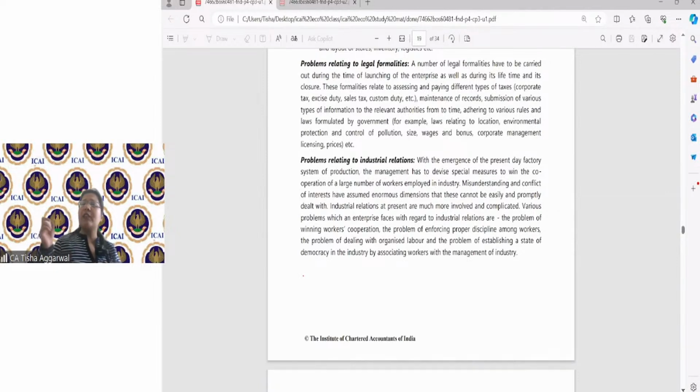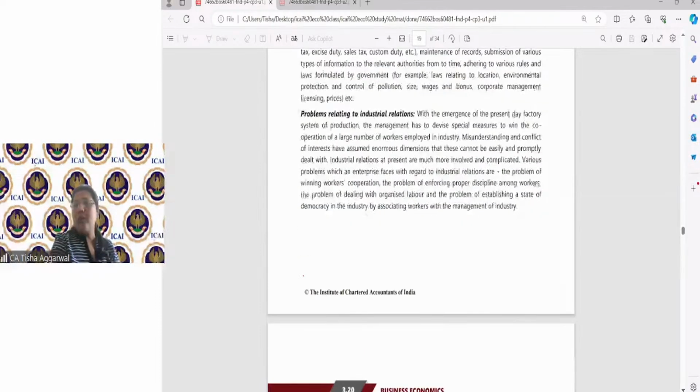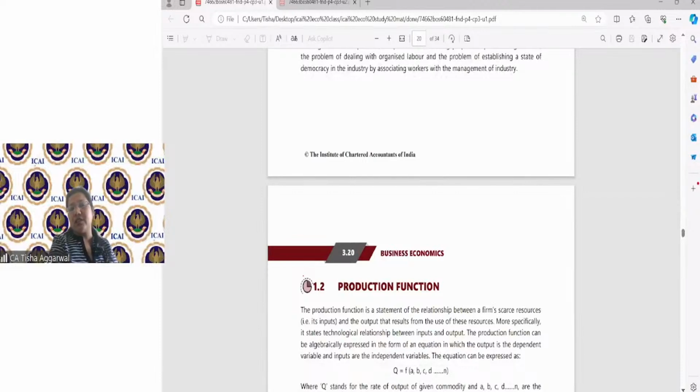When you are trying to exploit the employee, what is going to happen? You are creating a problem. The workers in the industry are not working seamlessly. There's some kind of a conflict which is coming. So problems relating to the industrial relationships are of great importance, which are to be resolved.